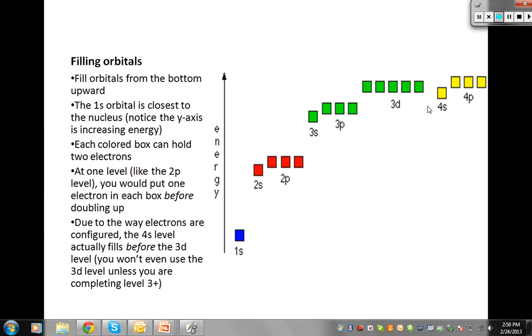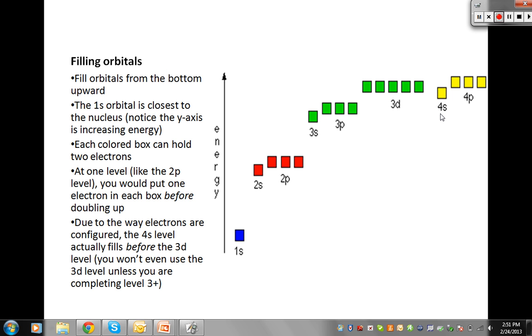Now, for those of you who are level 2 pluses, as we talked about, or even say 3 minuses, you can do 3, but you struggle a little. You only need to understand up through 4s. I'll never give you an element over number 20, so you don't have to worry about the 3ds or even the 4ps.